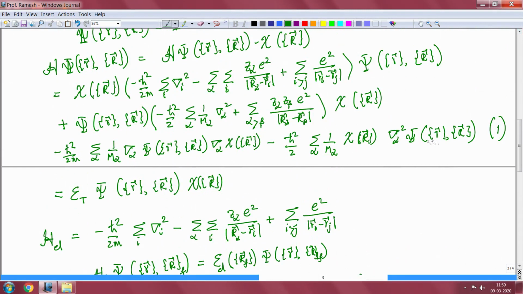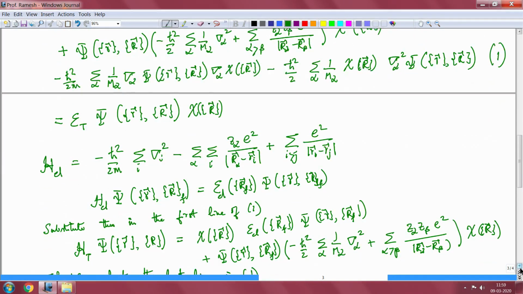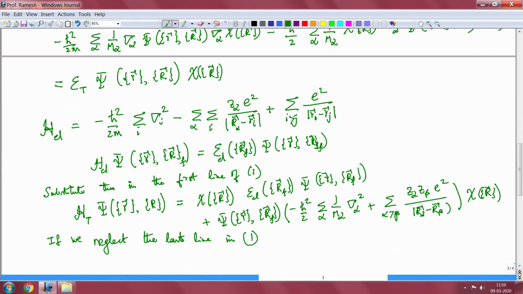If I neglect this line, this gets replaced by E electronic times psi of r comma R, and this is again psi of r comma R times chi of R. Okay. And of course, I should have been a bit more careful in what I wrote. I should have put a chi of R here. So, let me put this and correct it.